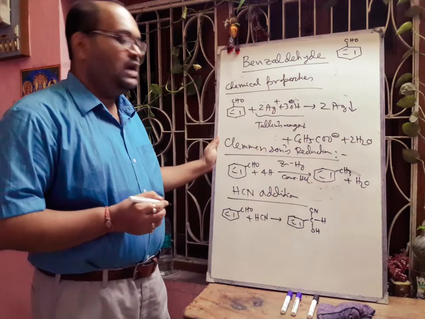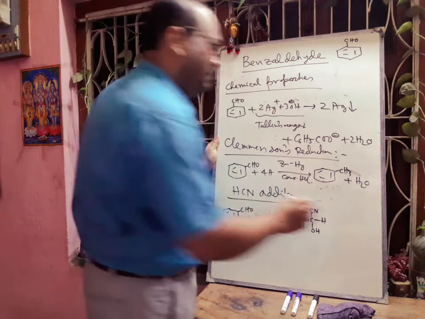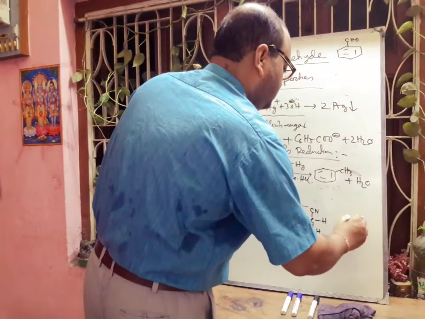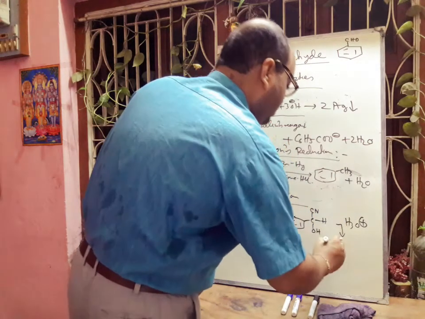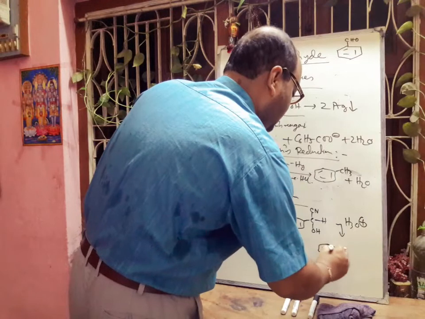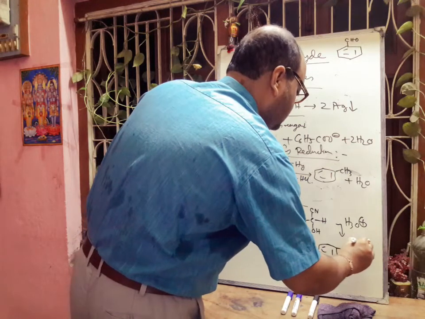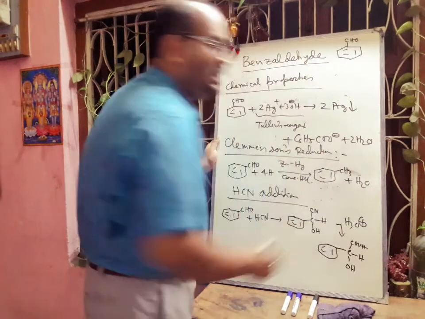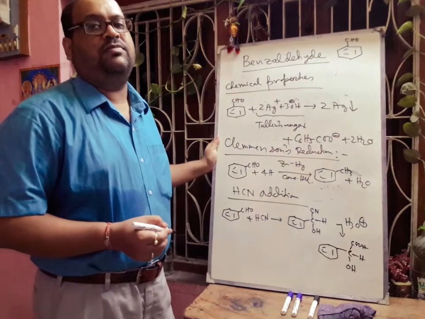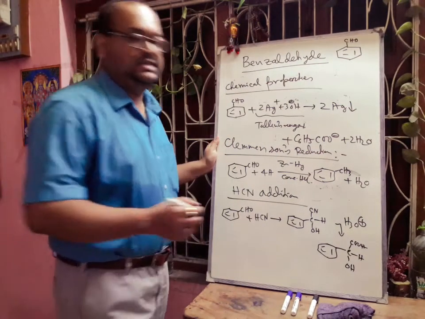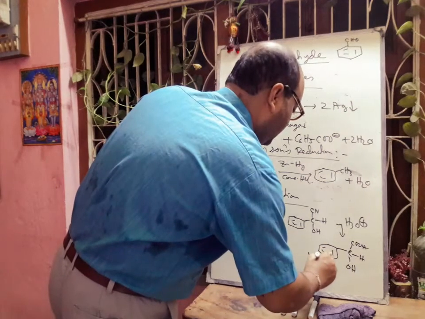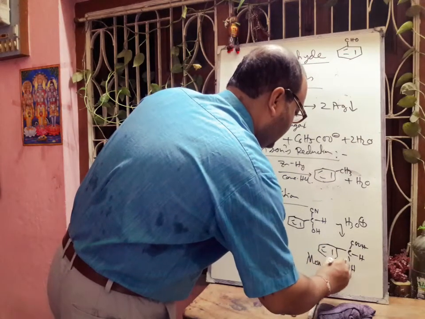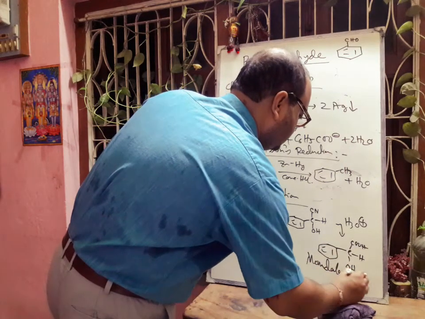Now if you add acid, then the CN will be converted to the corresponding carboxylic acid. And what is the name of this compound? The name of the compound is mandelic acid. This is nothing but mandelic acid.